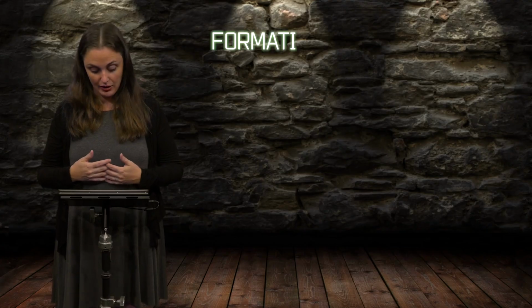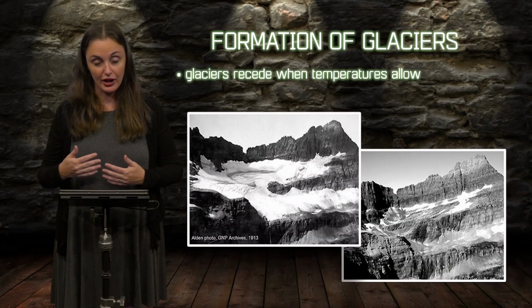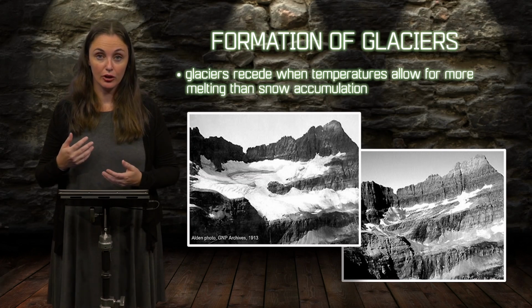So when you're dealing with losing glaciers, and this is definitely a topic of concern today when we're talking about climate change and sea level rise and the effect of glacial ice on all of these things, you're only going to have glaciers recede and change when temperatures allow for more melting than snow accumulation.